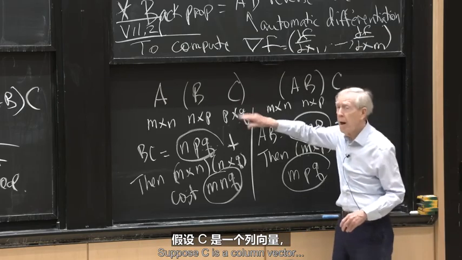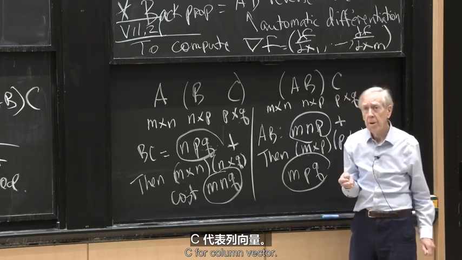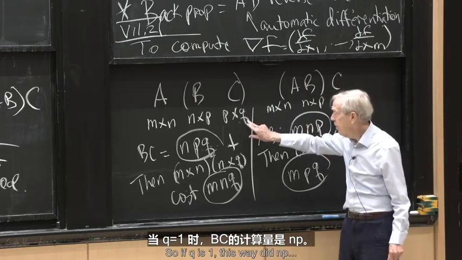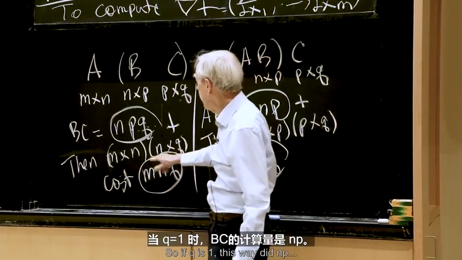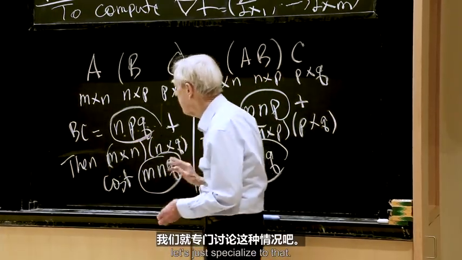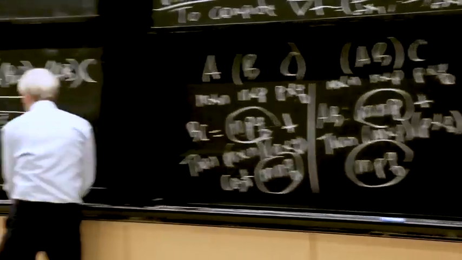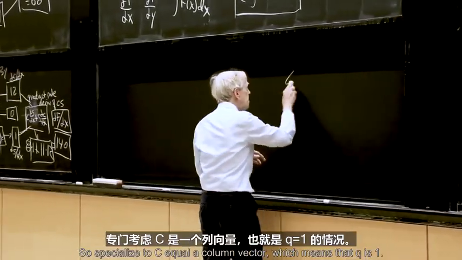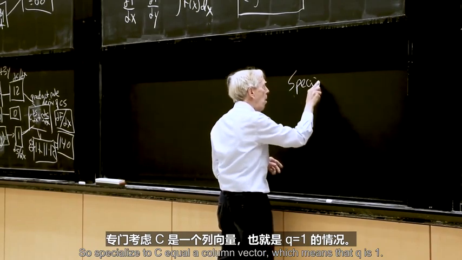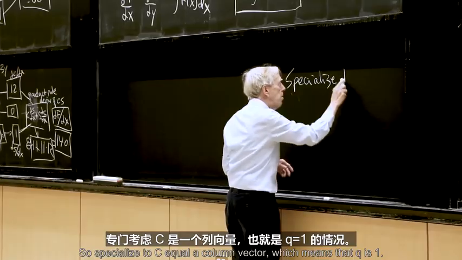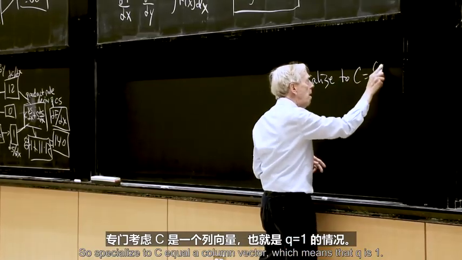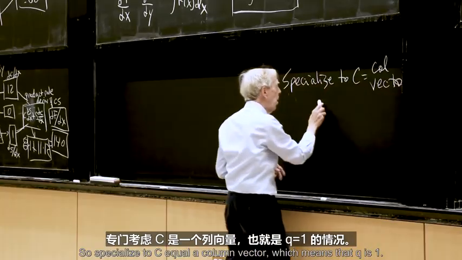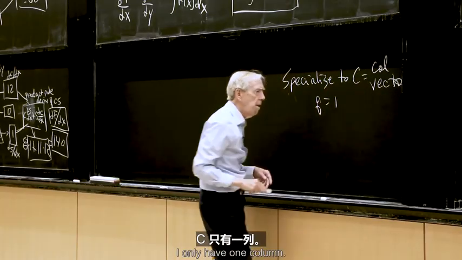Let's recognize the most important example. Suppose C is a column vector, so Q is 1. There's only one column. So specialize to C equal a column vector, which means Q is 1. I only have one column.